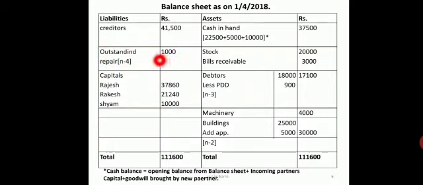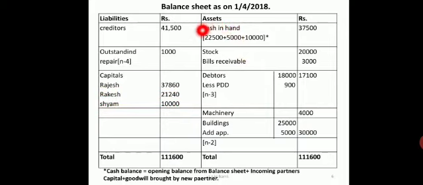It is 1,000. Next, come to capital accounts of the partners. Write the closing balance. Rajesh 37,860. Rakesh 21,240. Sham 10,000. Now come to asset side.